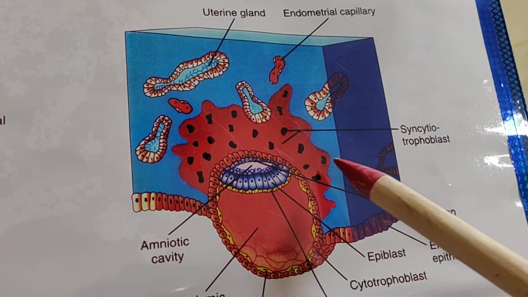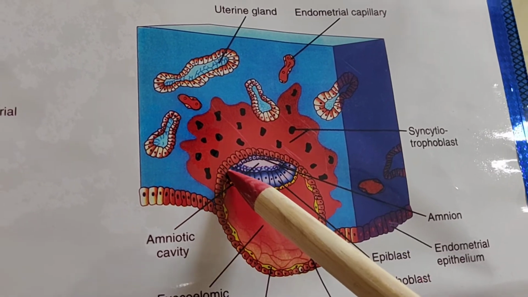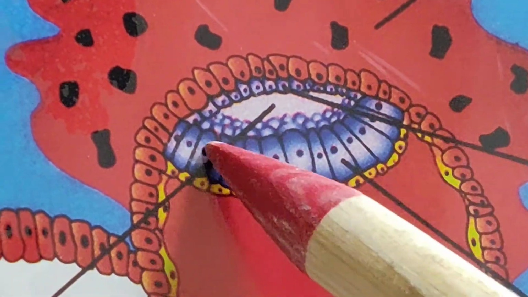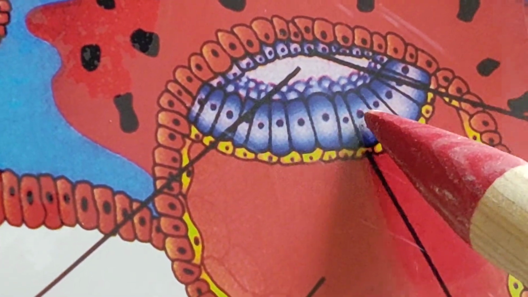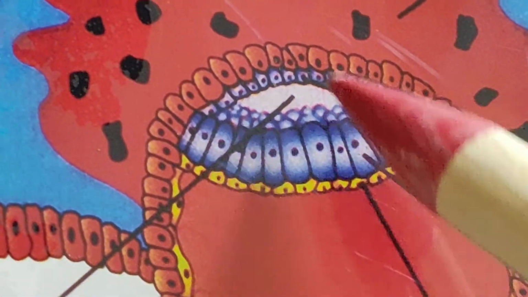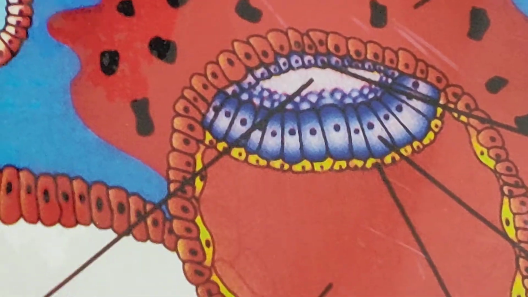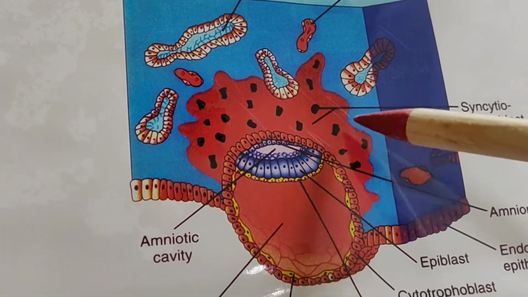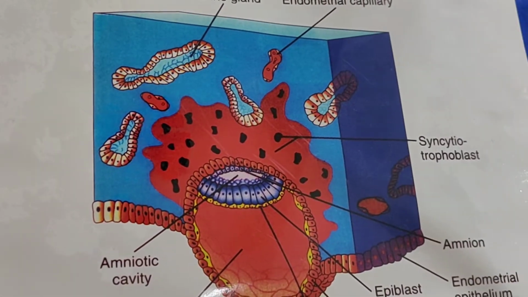Now where is the embryo? The embryo is the embryoblast. This is the embryonic disc. This embryonic disc is present between the two cavities. So in this diagram there are two trophoblast layers and two cavities.